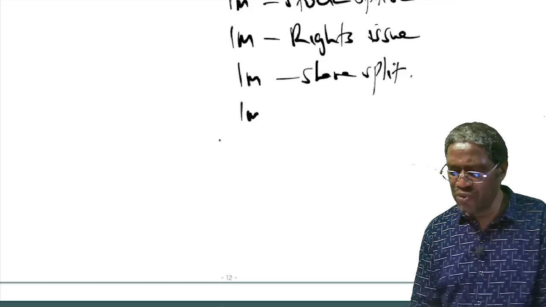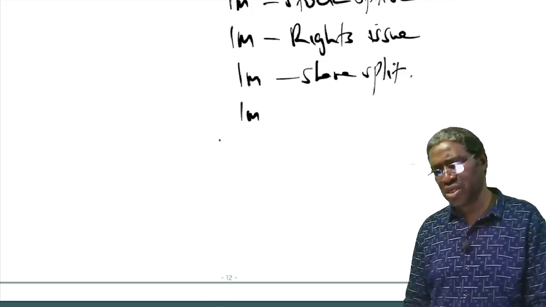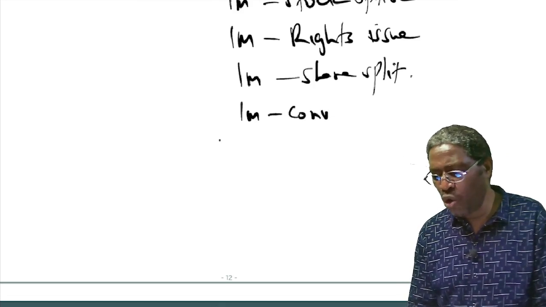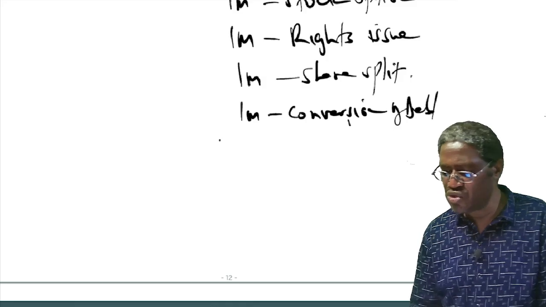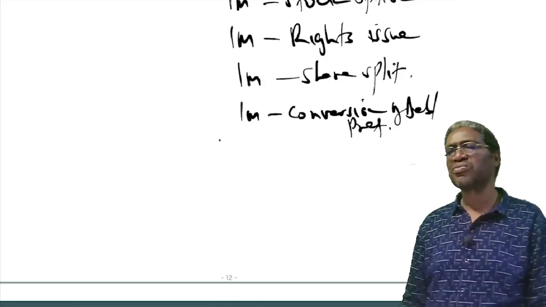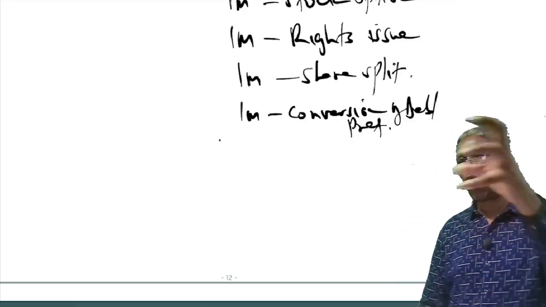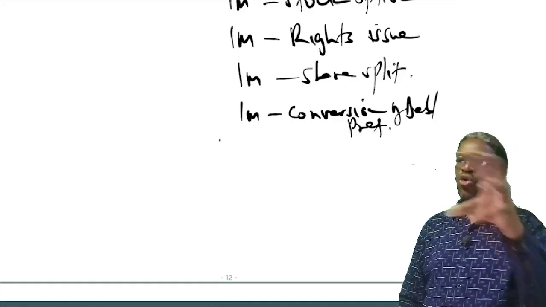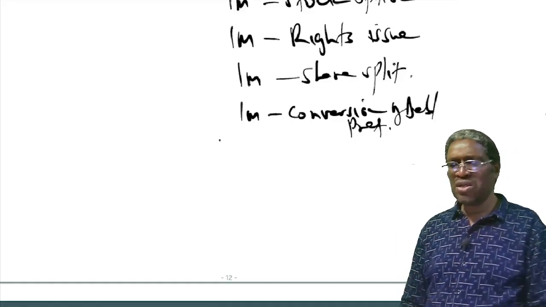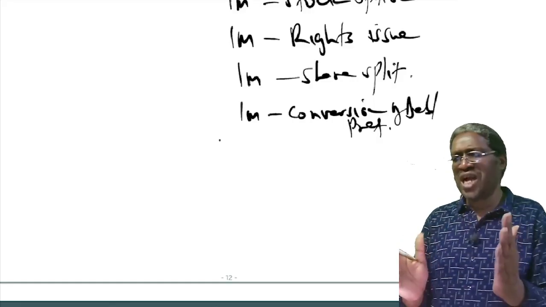Next, what if on 1st of July, your company issued 1 million shares as a result of conversion of debentures or preference shares? Listen, many years ago, your company had issued convertible debentures, or convertible preference shares. These debenture holders had not exercised that right.